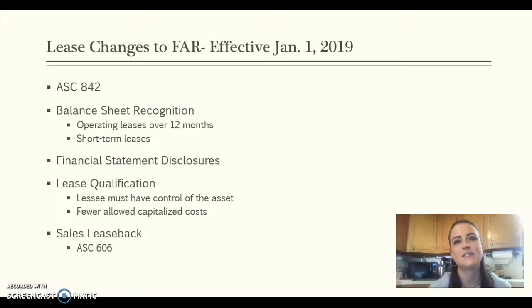Otherwise, it's not deemed a sale. It's considered a financing agreement. So if you're not very comfortable with leases, I would definitely take a look into any changes that have been put into effect that are now going to be tested on the exam.